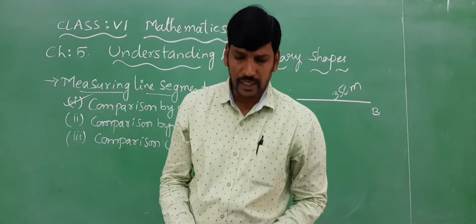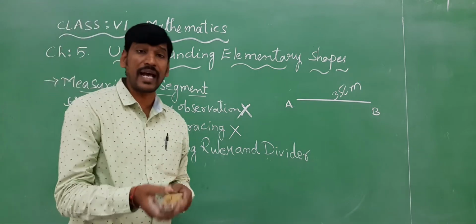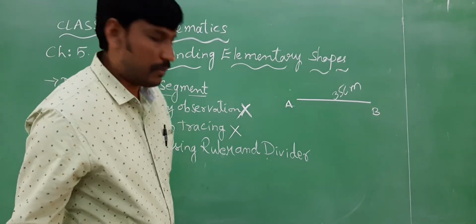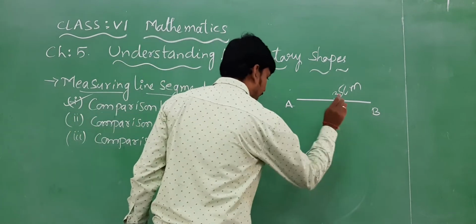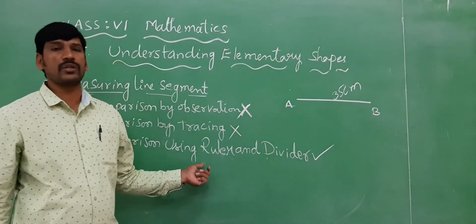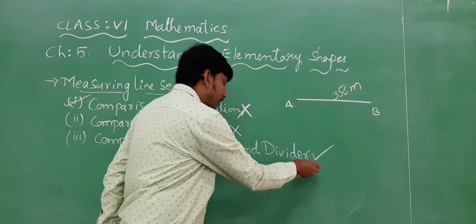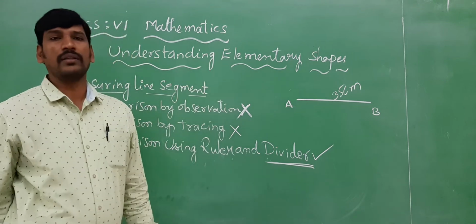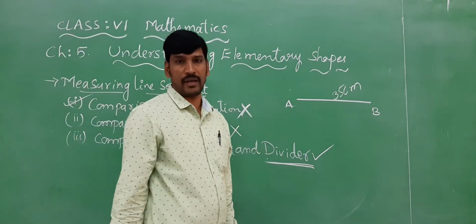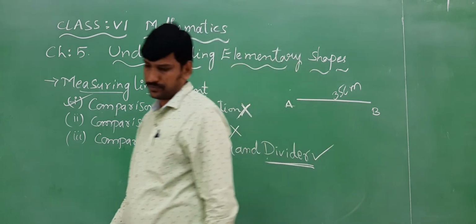So finally, which one gives the accurate value? Accuracy means exact value, right? Even though the ruler sometimes may give a wrong value because of the thickness of the ruler, the divider gives the accurate value, the exact length of the given line segment. Okay children, I hope you understand that.